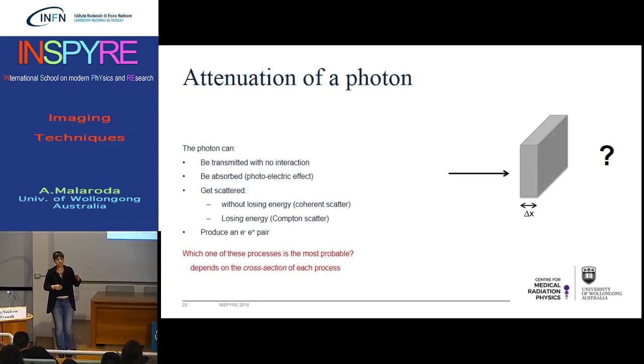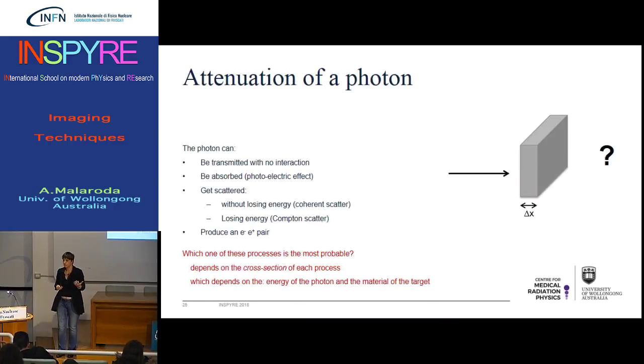Each different process got different probability to happen. And the cross-section depends, and that's almost obvious, on the material the photon is going to travel through, for example, if it's more or less dense, and depends on the energy of the photon as well.